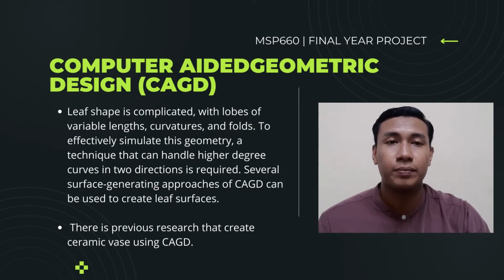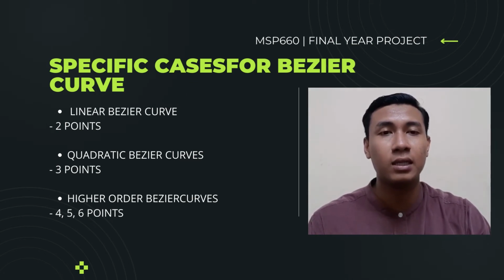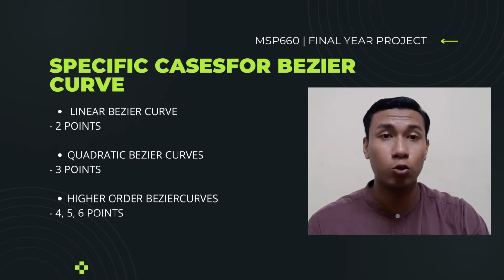Bezier curve. We are moving to the second part of the literature review, which is the specific cases of the Bezier curve. The first one is the linear Bezier curve. In order to obtain the result, we need to find 2 points to be linked, then we can obtain the curve.